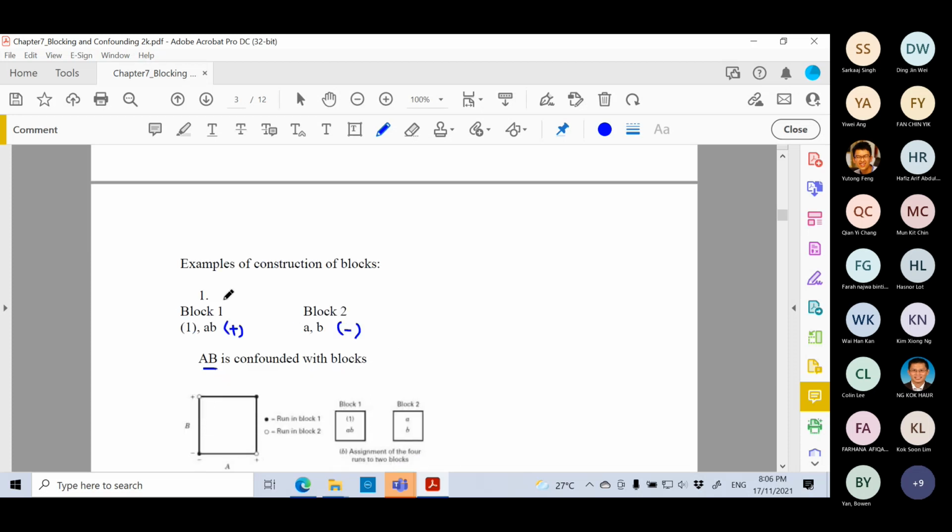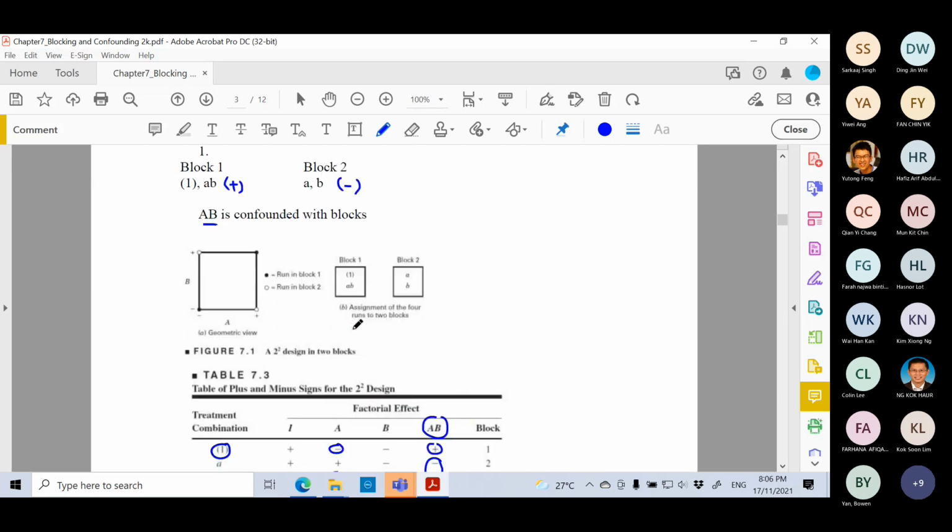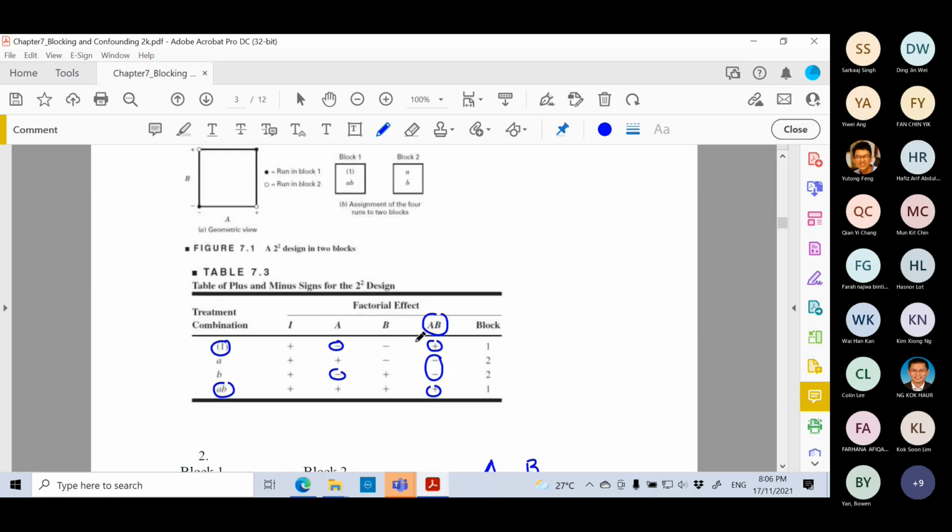For example, if block 1 consists of the 1 and the AB, and block 2 consists of A and the B, how do I assign them to the same block? It depends on the table here: those with the plus sign you group together, those with the negative sign you group together, then you can check it out.